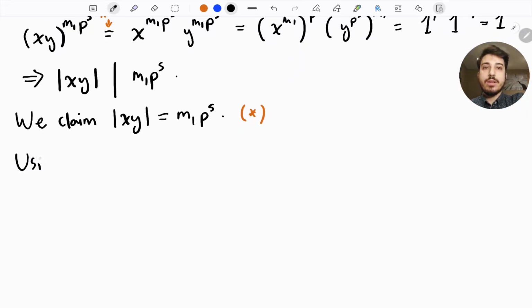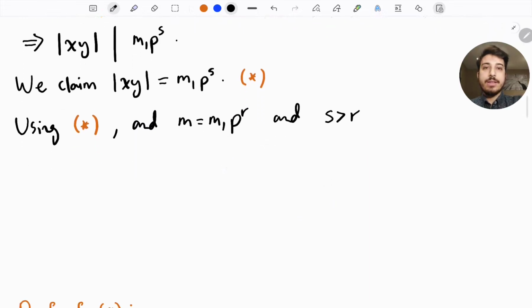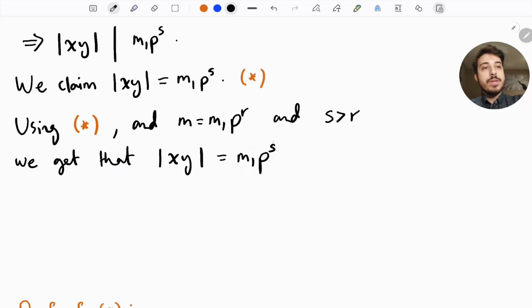So using this fact, and using the fact that m is equal to m1 p to the r, and using the fact that s is bigger than r, I can say that the order of xy is equal to m1 p to the s, and because s is bigger than r, then m1 p to the s is bigger than m1 p to the r, and m1 p to the r is equal to m.